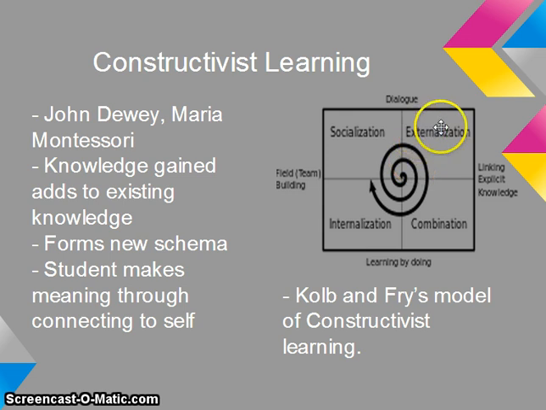And as you can see over here, this is Cobb, I'm going to say Cobb, and Fry's model of constructivist learning. Now, what they see is that we switch between socialization, externalization, combination.